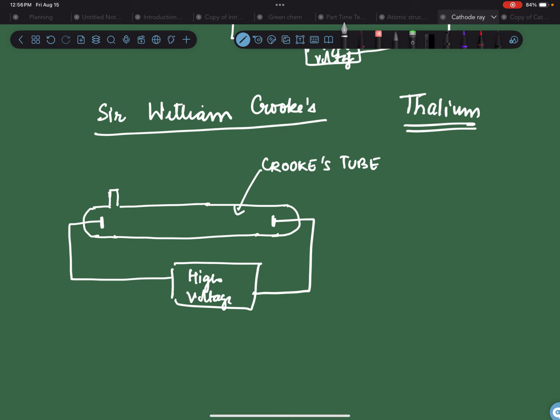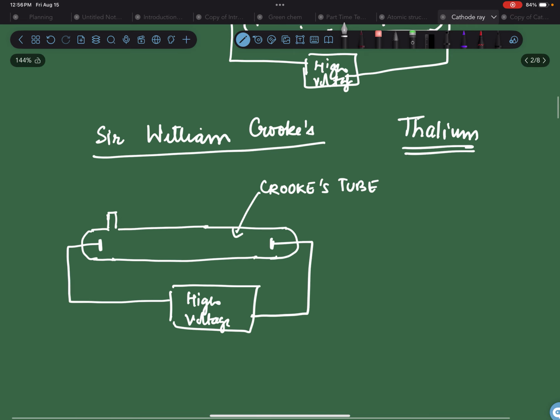So he lined this glass wall with a fluorescent material, a material which glows when a suitable radiation strikes it, right?